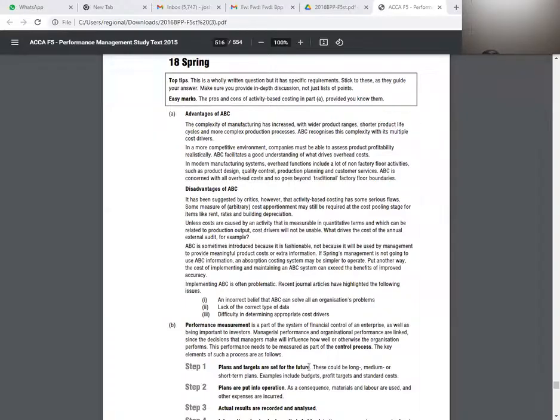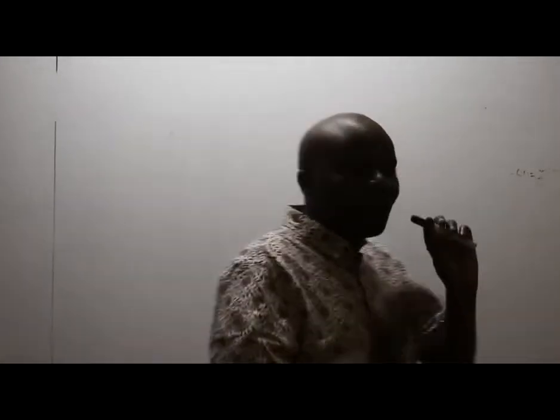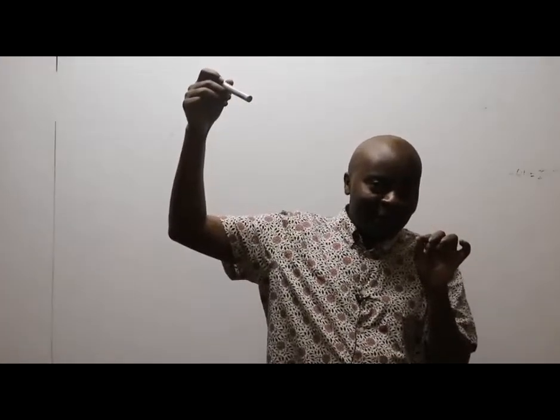This disadvantage, ladies and gentlemen, which they're talking about here, is the concept that for us to be able to use activity-based costing, there must be a relationship between the cost driver and the expense itself. The two must be related. So, for example, you're saying wages is related to number of hours.